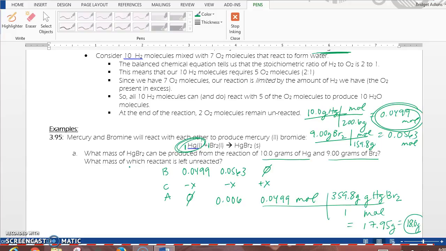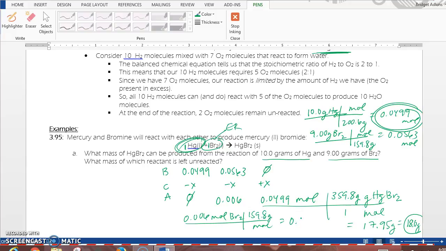And then it asks what mass of which reactant is left over. Well, this was our excess reactant, our Br2. And so if I have 0.006 moles of Br2, now I'm going to say times 159.8 grams per mole. So 0.006 times 159.8.